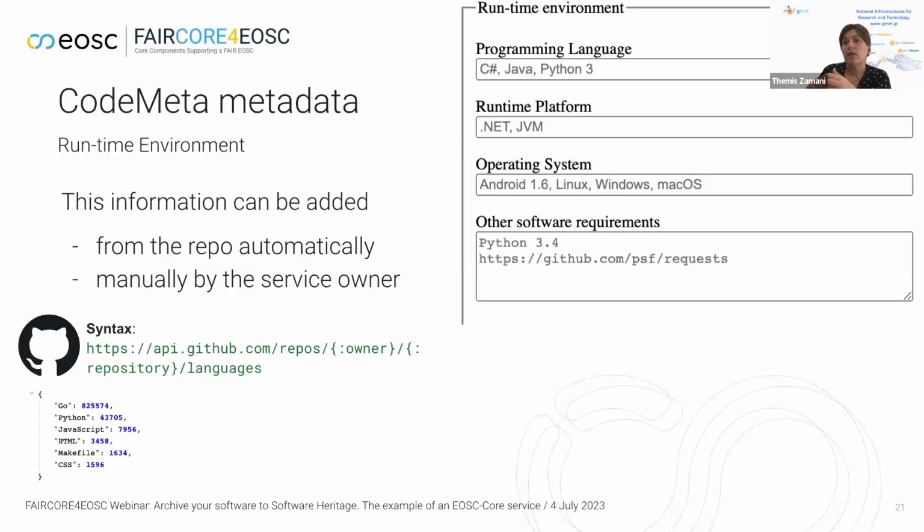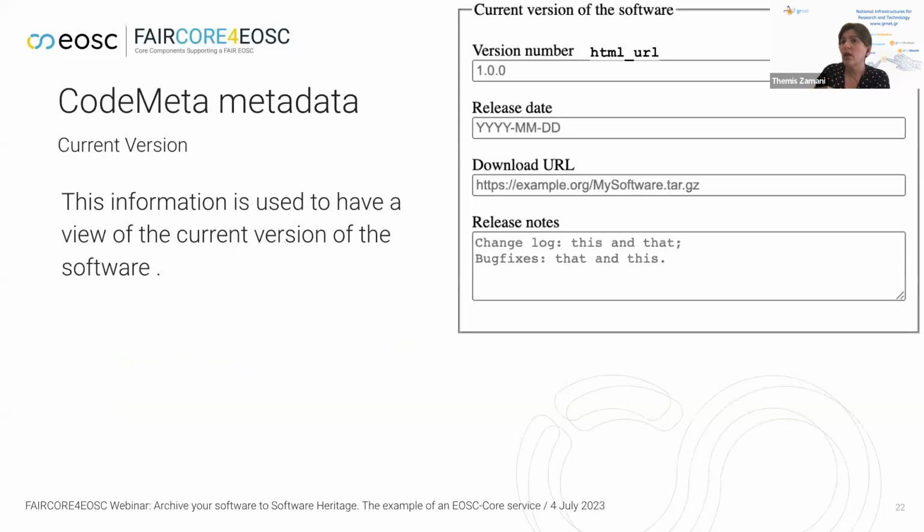The other is the runtime environment: the programming language, runtime platforms, operating system, and software requirements you use in your project. And finally, the current version of the repository.